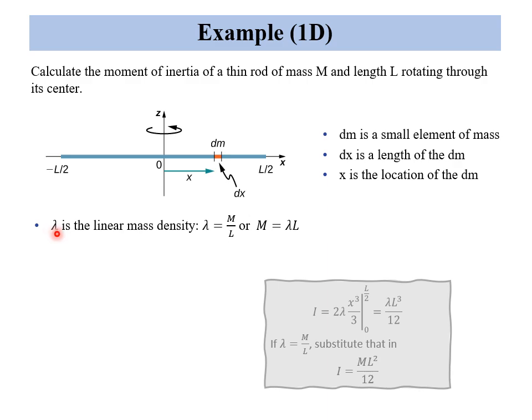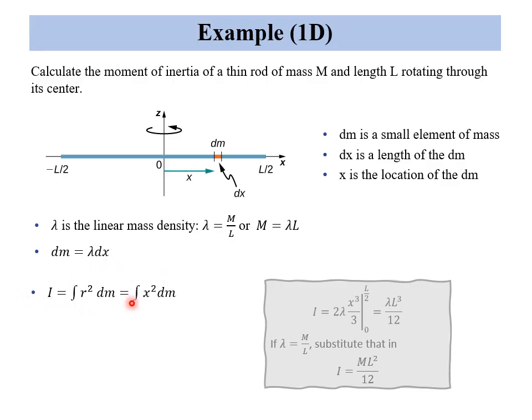Lambda is usually used for linear mass density, and lambda is equal to the total mass over L, or the total mass is equal to lambda times L. So what about the mass of an infinitesimal element? Then dm is equal to lambda times dx.